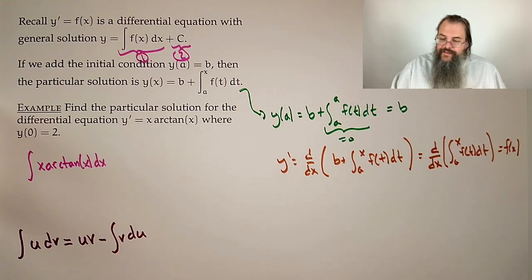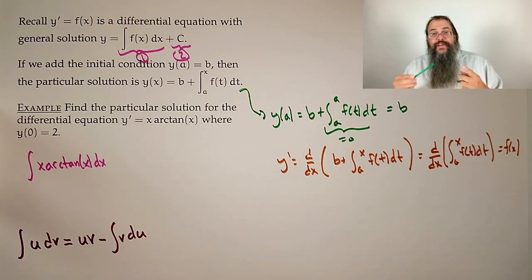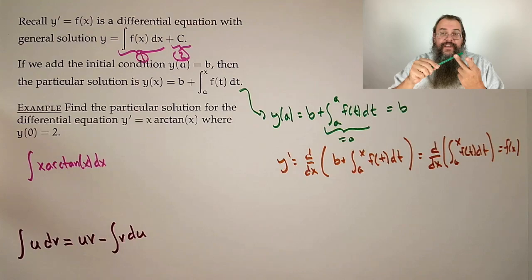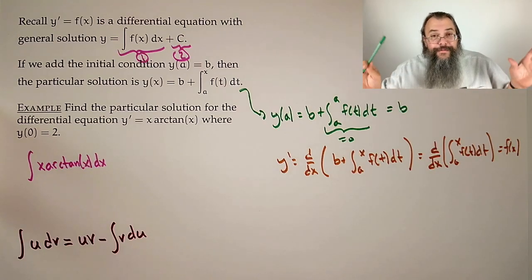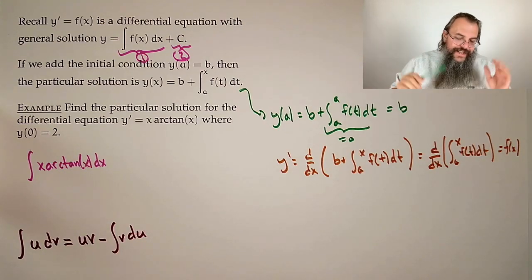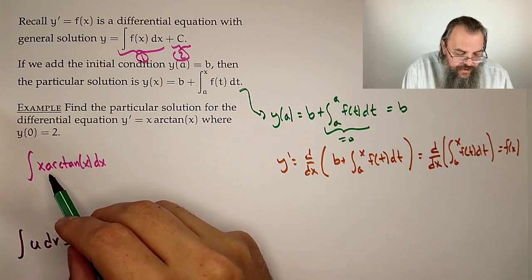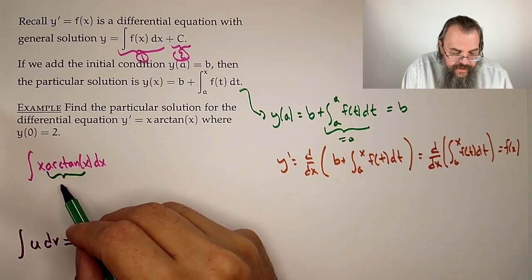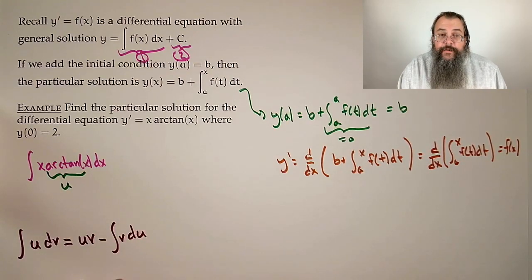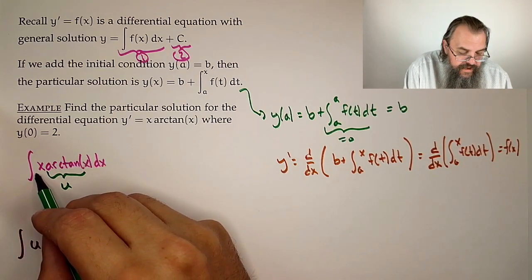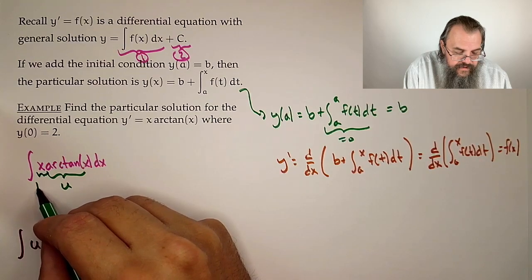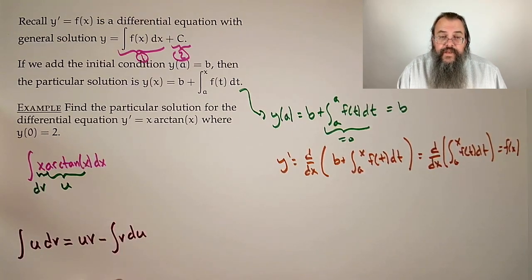Now, in our case, we have our two things, x and arctangent of x, and arctangent pops out to us and says, we don't want to integrate that, but lovely derivative. So we're going to let that part become the u. In other words, the part we're going to take a derivative of moving forward. That means the x is going to be the derivative of something.